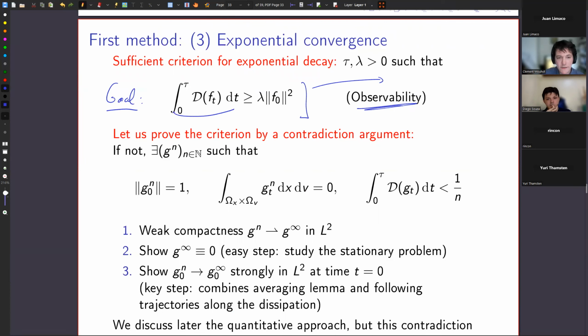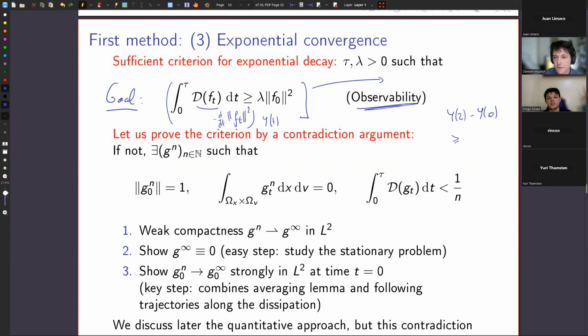Why? Because the dissipation is, don't forget, minus d over dt of the weighted L2 norm I'm looking at. Okay, so if we call this thing y of t, what I just wrote here is y of tau minus y of 0 is greater than, no, I wrote it wrongly.